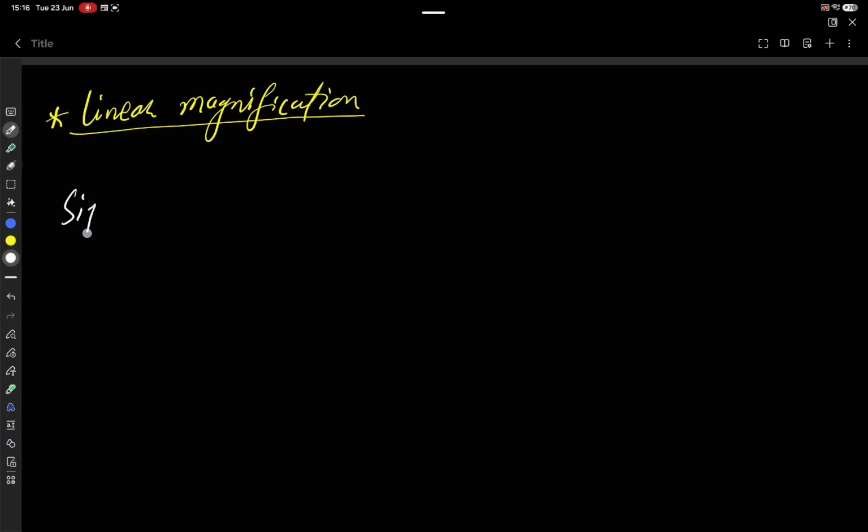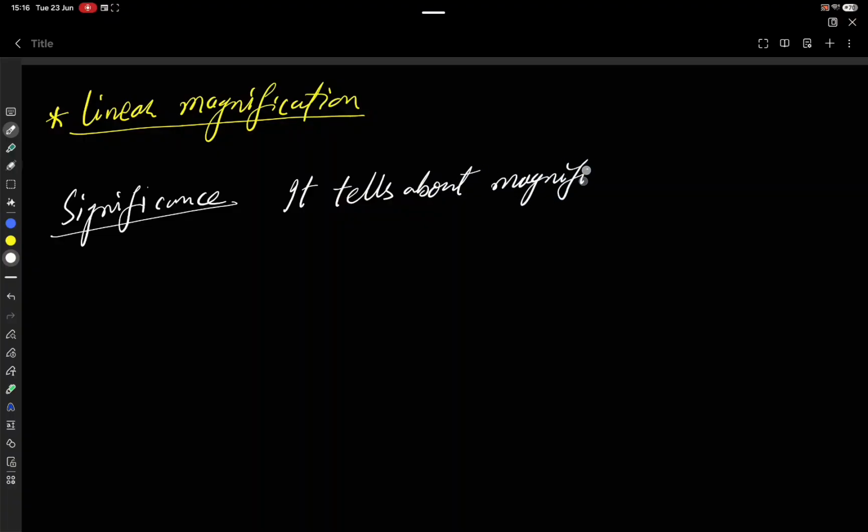Now the next is linear magnification. The significance of linear magnification is that it tells about the magnification of the image, represented with m.